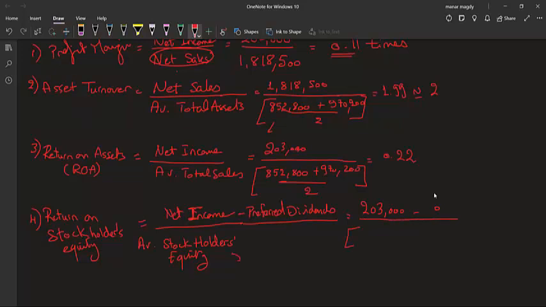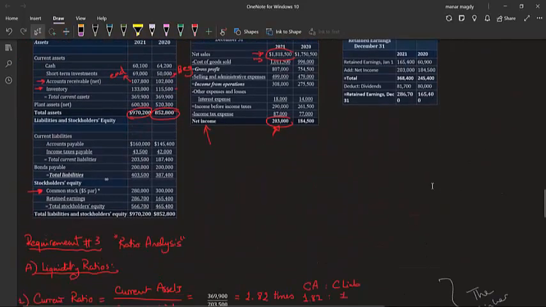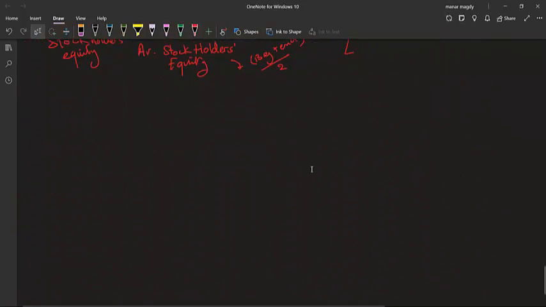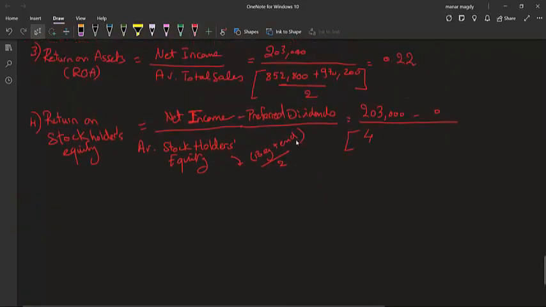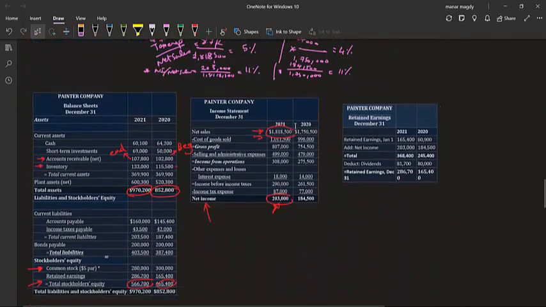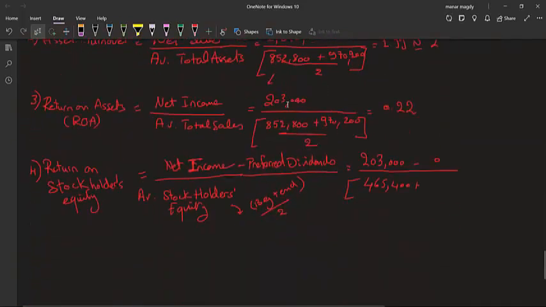As we have said before, average is beginning plus ending divided by 2. This is the amount that we are referring to, total stockholders' equity: 465,400 plus 566,700, divided by 2.